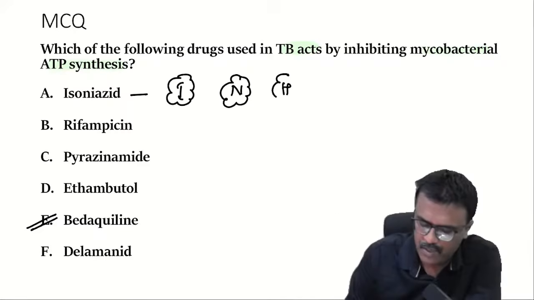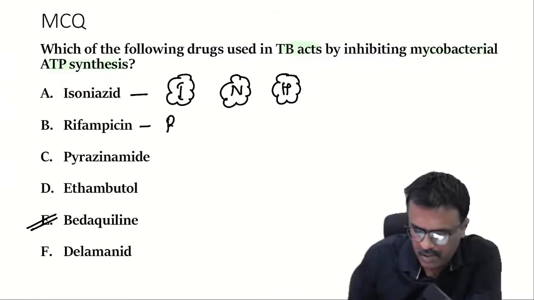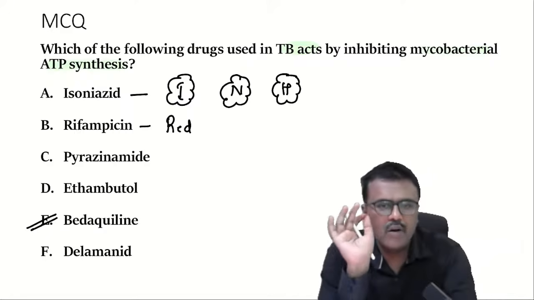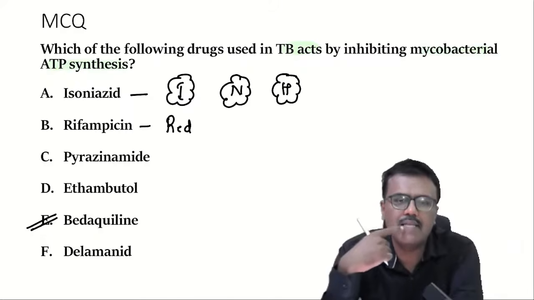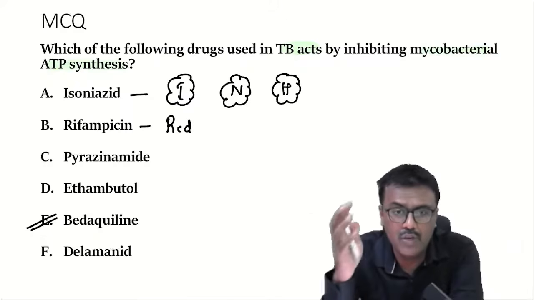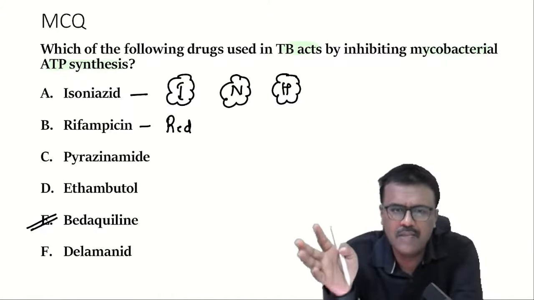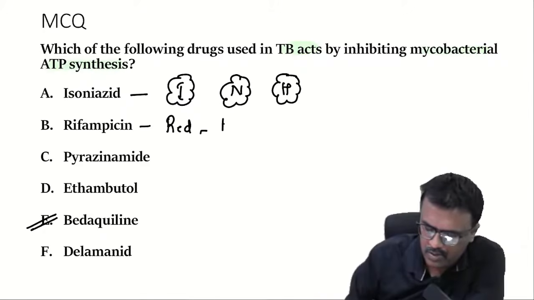Patient may develop hepatotoxicity. Rifampicin, remember red color. It will cause orange-red discoloration of all the secretions like tears, saliva, sweat, urine, even contact lens. So it is not a major adverse effect, but they will ask. And also it is hepatotoxic.